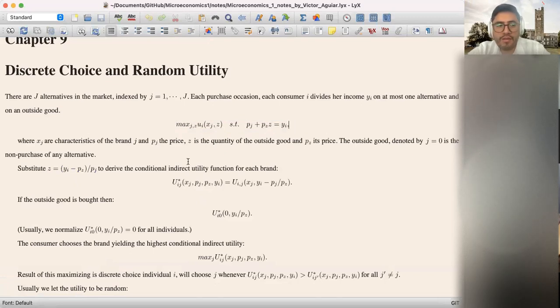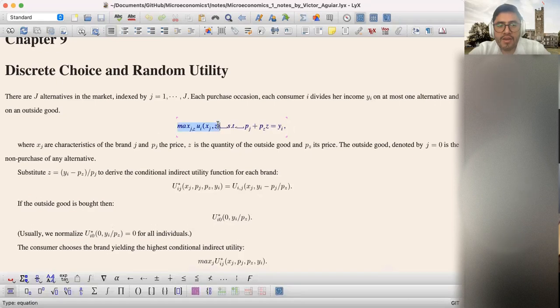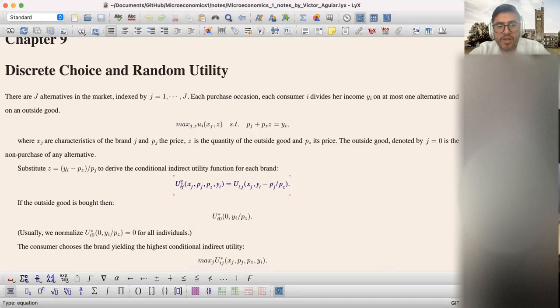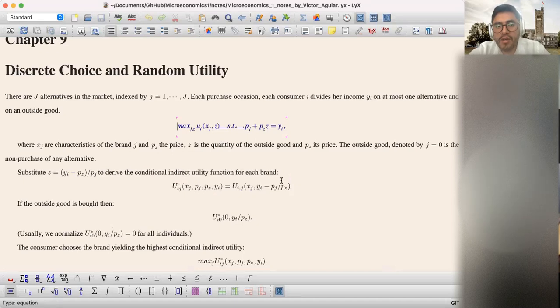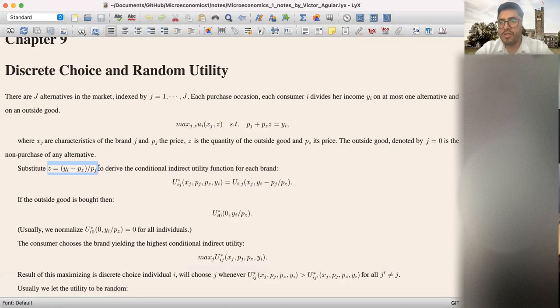So I can solve for Z. Now, once I do that, I can just replace in the indirect utility. And then I'm going to get this indirect utility, now a capital U of individual i of item j, that depends on the features of j, price of j, price of the outside good, income. And essentially, this is the utility that you observe here above, evaluated at Z equal to this quantity. Okay, so this is just a simplification.